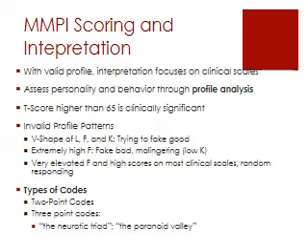A V-shaped pattern of L, F, and K suggests that they've tried to fake good in general, and an extremely elevated F scale, or fake bad scale, could be about malingering. So what about some of these different codes? Well, you have the conversion V, which is 1, 2, and 3, and that's the neurotic triad. And then you have the psychotic V, or paranoid valley, and that's scales 6, 7, and 8.